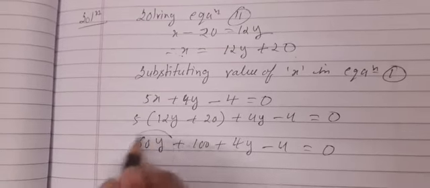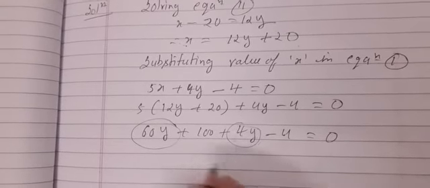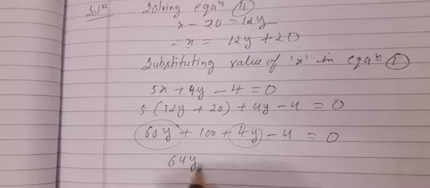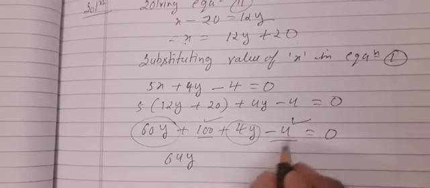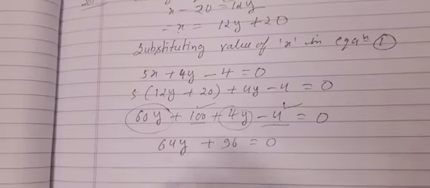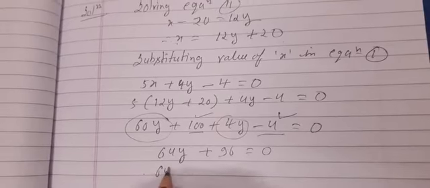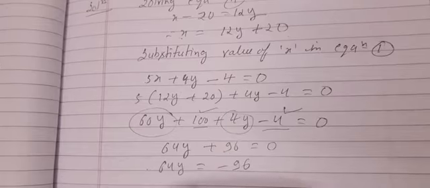Now see children, these two are like terms, so 60y plus 4y is 64y, and these two are like terms, 100 and 4, so 100 minus 4 is what? It is 96. So 64y equals, we will transfer this to the RHS, that is minus 96.